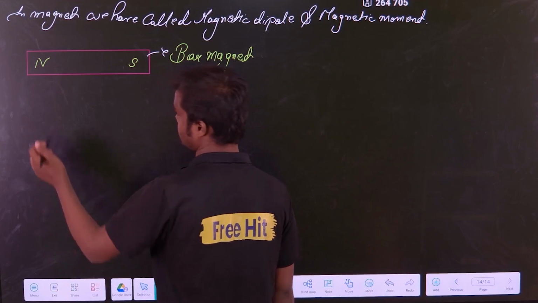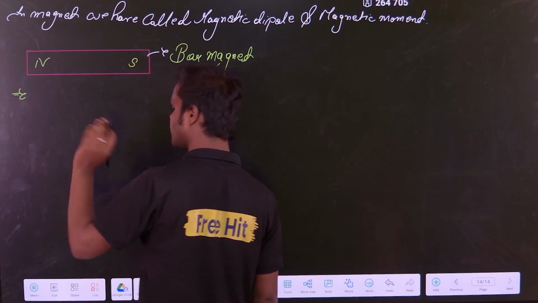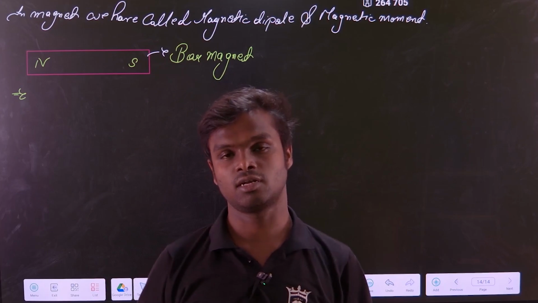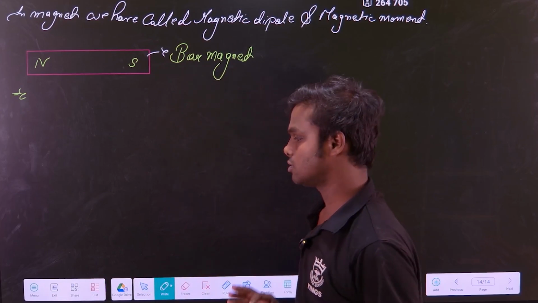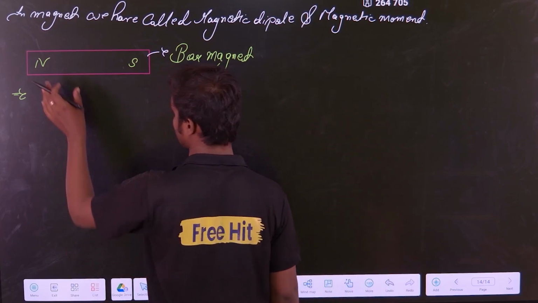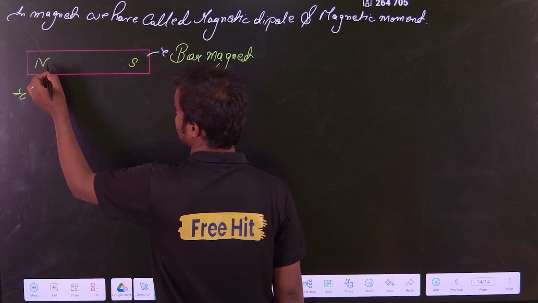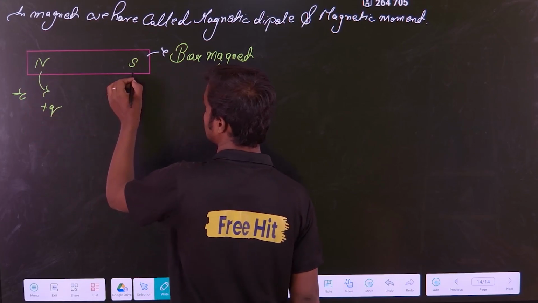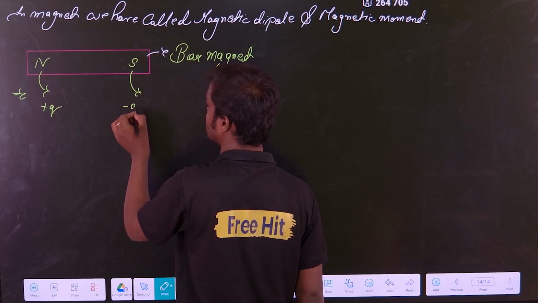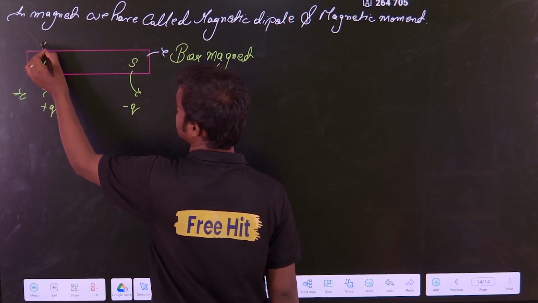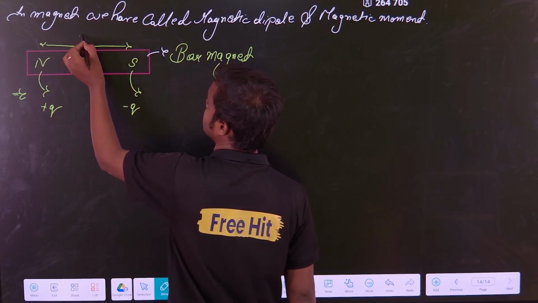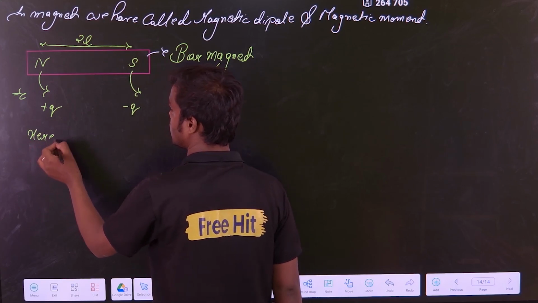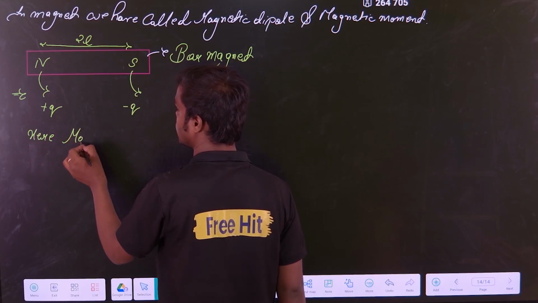There are slight differences that will come later, but for the sake of convenience, suppose this is my bar magnet. This will act as plus q and this will act as minus q, and suppose the distance is 2l. Here we define something called a magnetic moment.